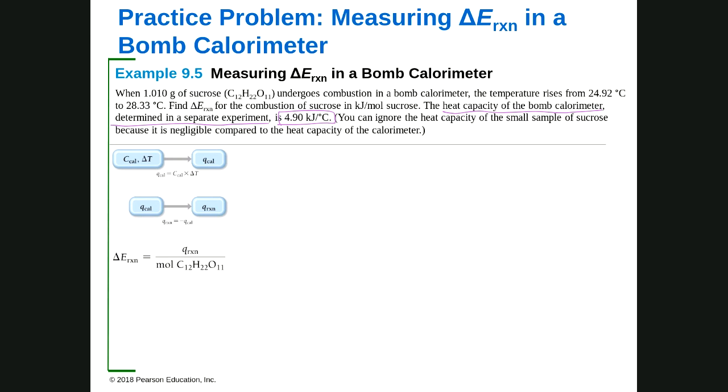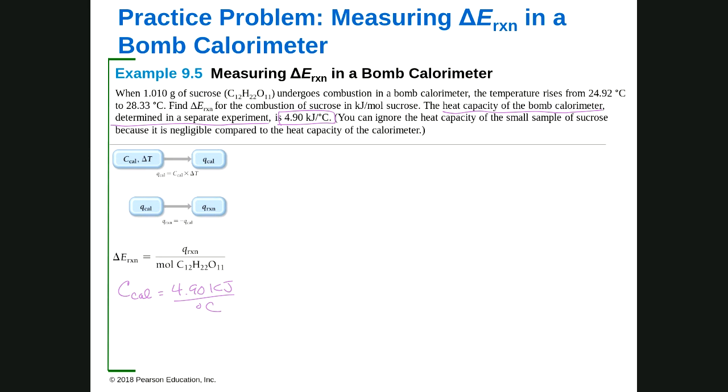It could have given me information so that I had to calculate it, but the book was being nice to us this time.